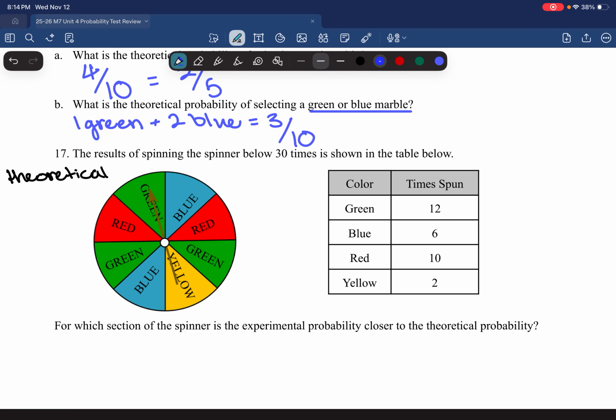It's theoretical, and then blue. So that's 2 out of 8, which is 1/4. And then red is the same, 2 out of 8. Green is 3/8.